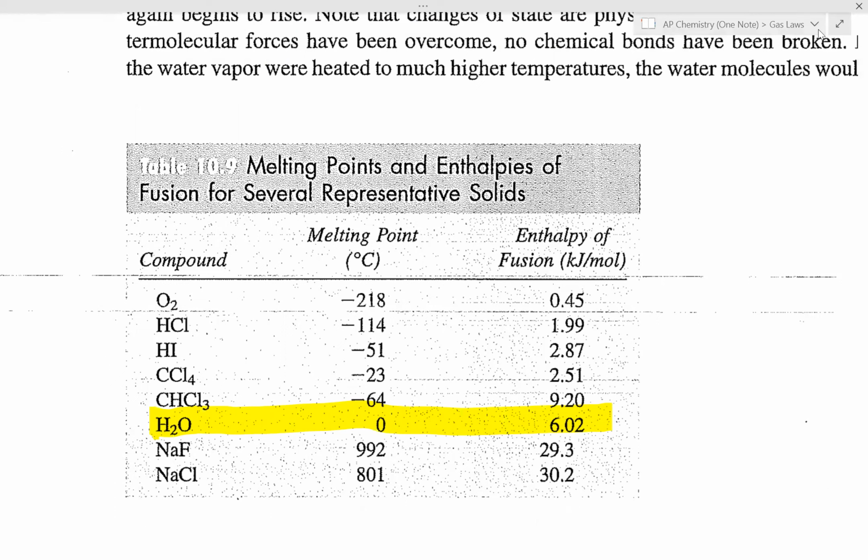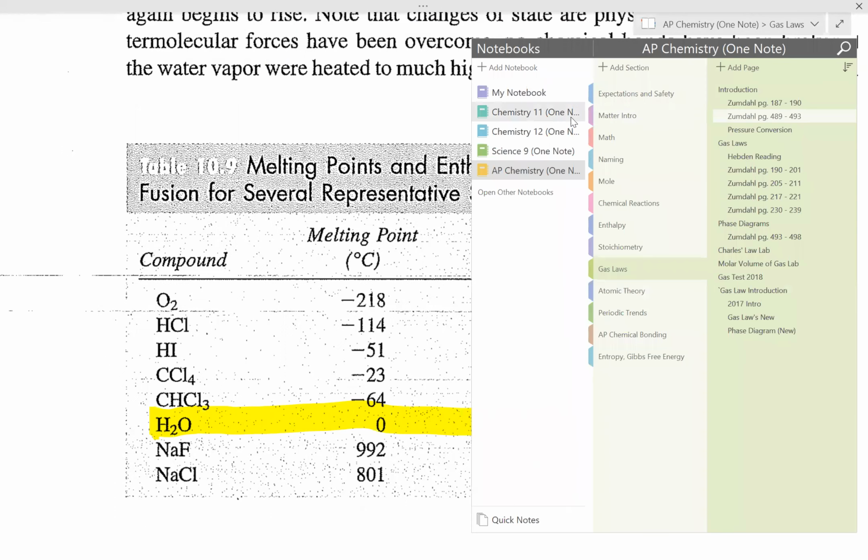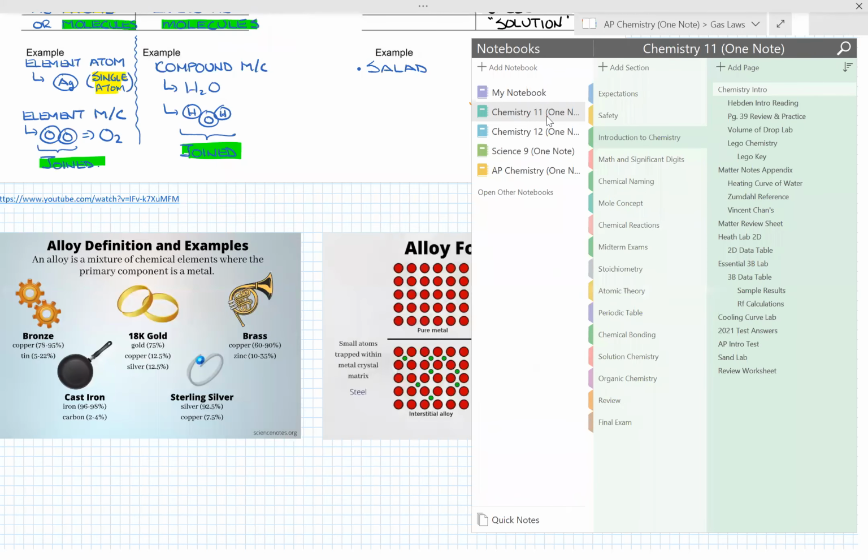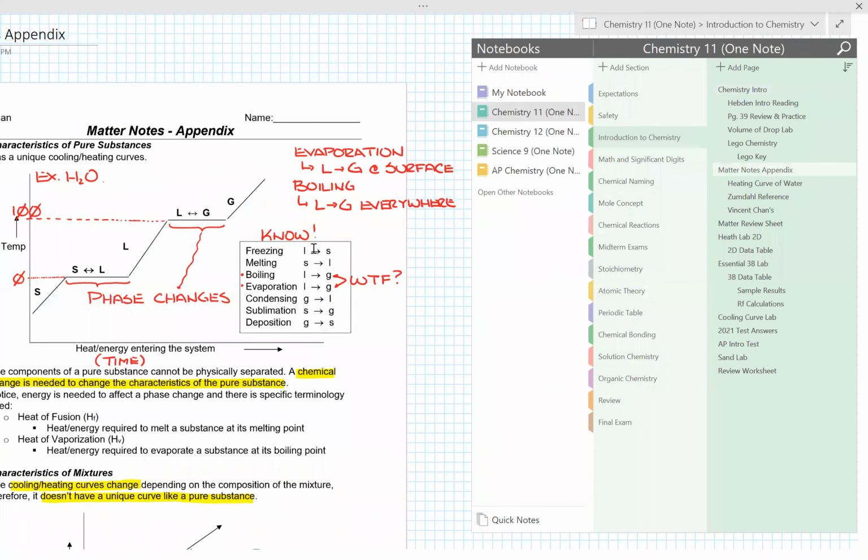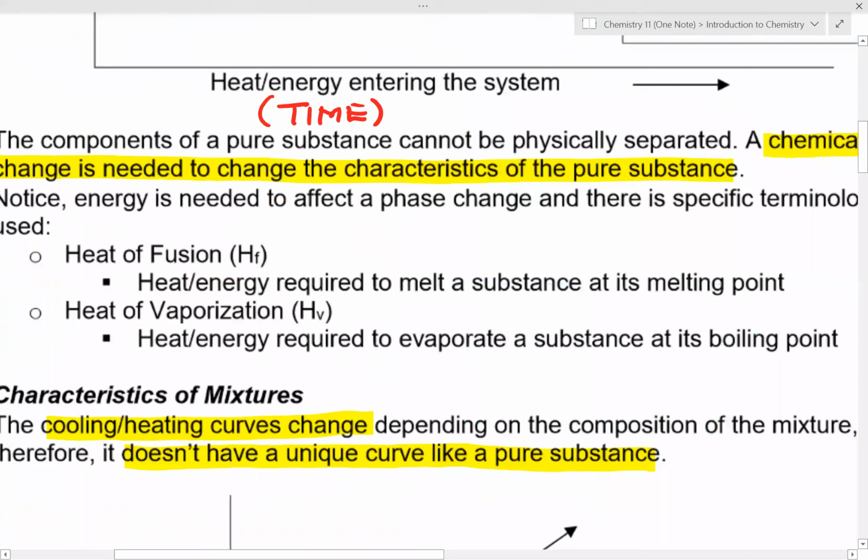Okay, now we were exposed to heat of fusion before. If you went back to your introduction, I had talked about the heat of fusion and heat of vaporization. So heat of fusion, again, is the energy required to melt a substance. Heat of vaporization is the energy required to evaporate a substance at its boiling point.